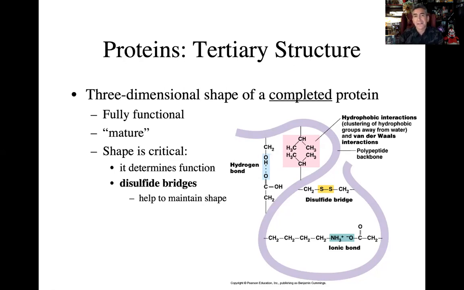Maybe you go to the military, you can go to the workforce, you can stay home and be a bum, you can go to college, whatever the case. But you're kind of functional as an adult, and society views you as a legal adult at that point as well. So that's the idea of a completed protein, tertiary structure.